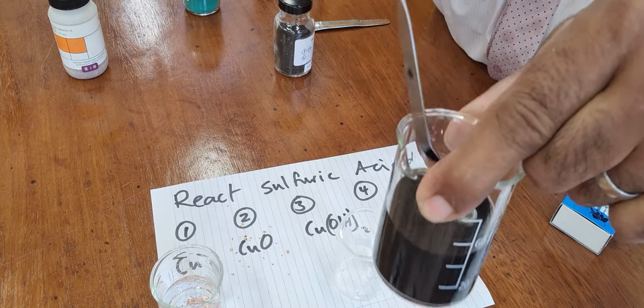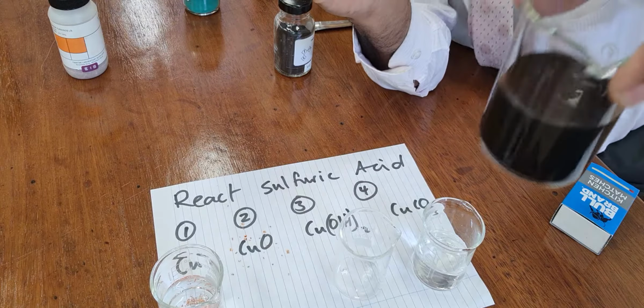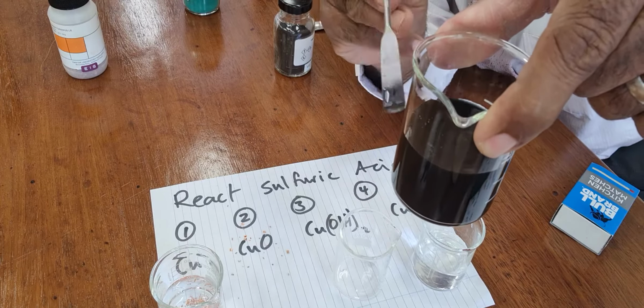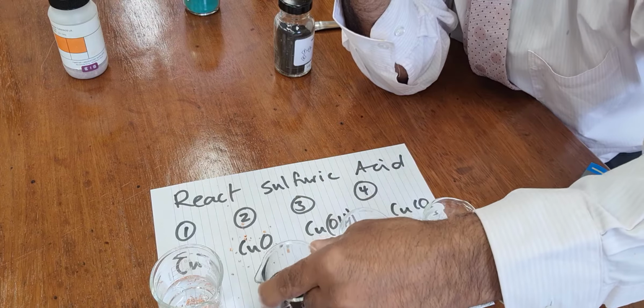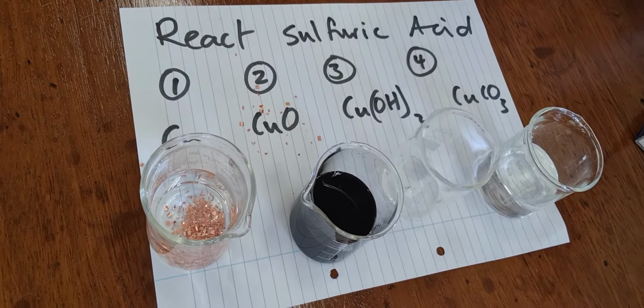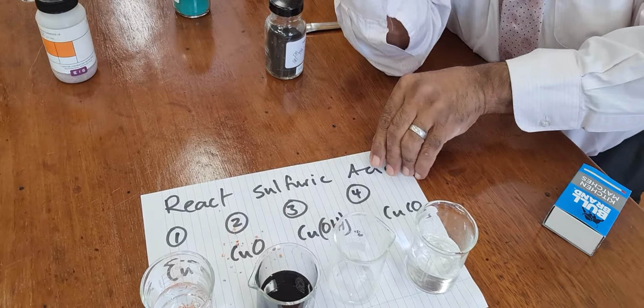The reaction is slow, but it is reacting, and when the black powder settles, it will leave a blue solution, and then we'll know the reaction is happening. So we'll leave that, and we'll come back and look at it later.